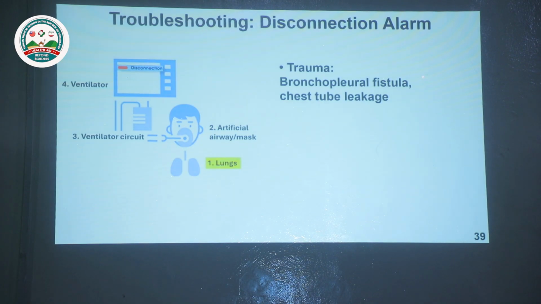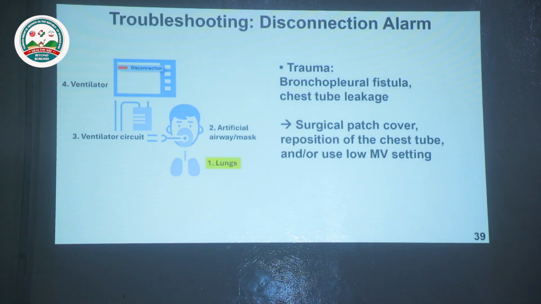Sometimes the patient has a car accident that causes trauma, and maybe a bronchopleural fistula, or the patient already has a chest tube inserted and it causes chest tube leakage, and these things may cause leakage. So sometimes you need to use a surgical patch to cover the leakage part or reposition the chest tube.